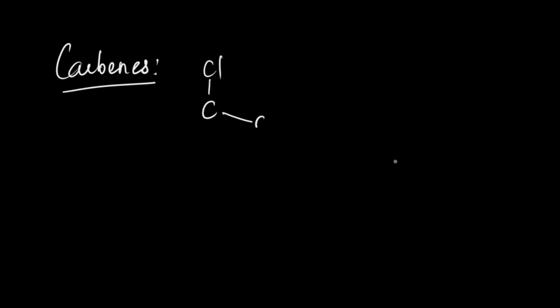No, there is one more, that is carbenes. What is that? So carbenes are the ones, for example, if I am taking a structure like this, I am treating it with alcoholic KOH, let's say K+ and OH minus.